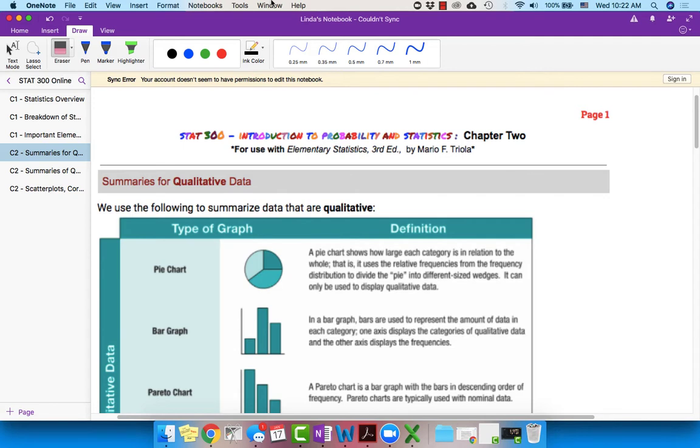As mentioned in the previous video, there are two types of data, qualitative and quantitative. This video will explore how we summarize qualitative data.